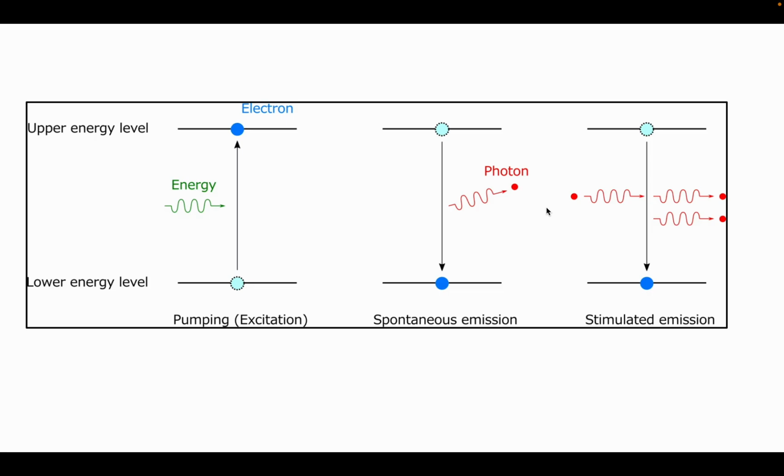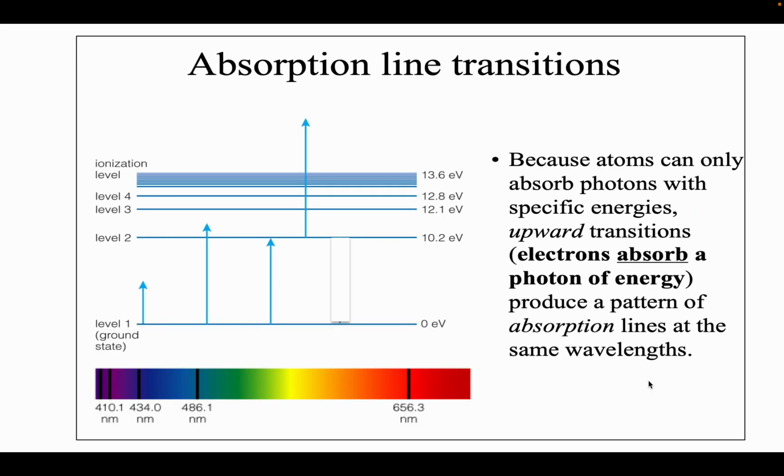And another way is if you supply a photon to the electron in the higher energy level, a photon with energy delta E, that is E2 minus E1, then this photon will also come out, and one another photon will come out due to the transition from the upper energy level to the lower energy level. This is known as stimulated emission.